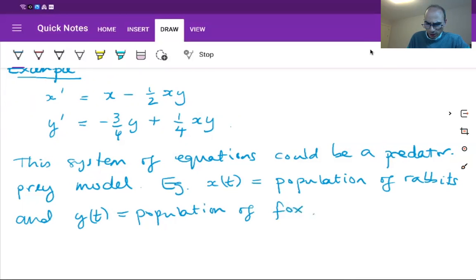So this is a predator-prey model. The predator is fox and the prey are rabbits. And the first equation, x prime is equal to x minus half xy, denotes the rate of change of the population of rabbits.